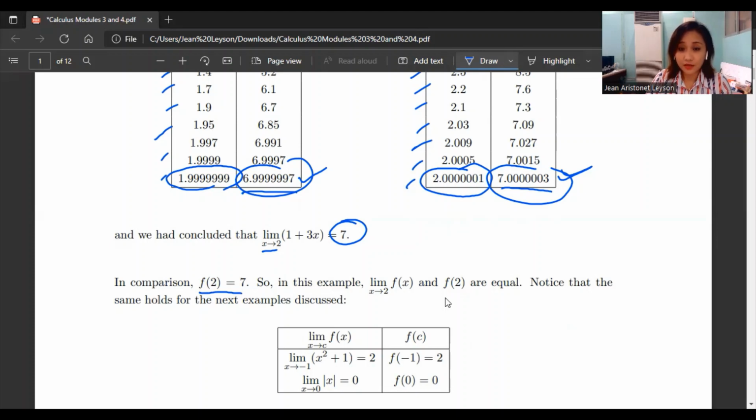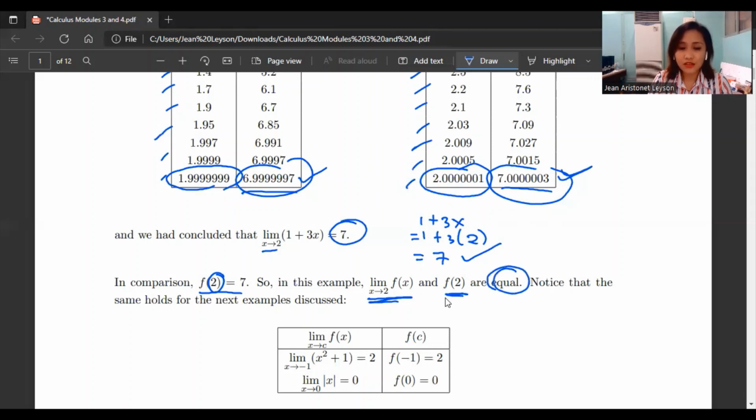Since our function is 1 plus 3x, simply substitute 2 as the value of x. That's 1 plus 3 times 2, and that is 7. So in this example, the limit of the function as x approaches 2 and f of 2 are equal.